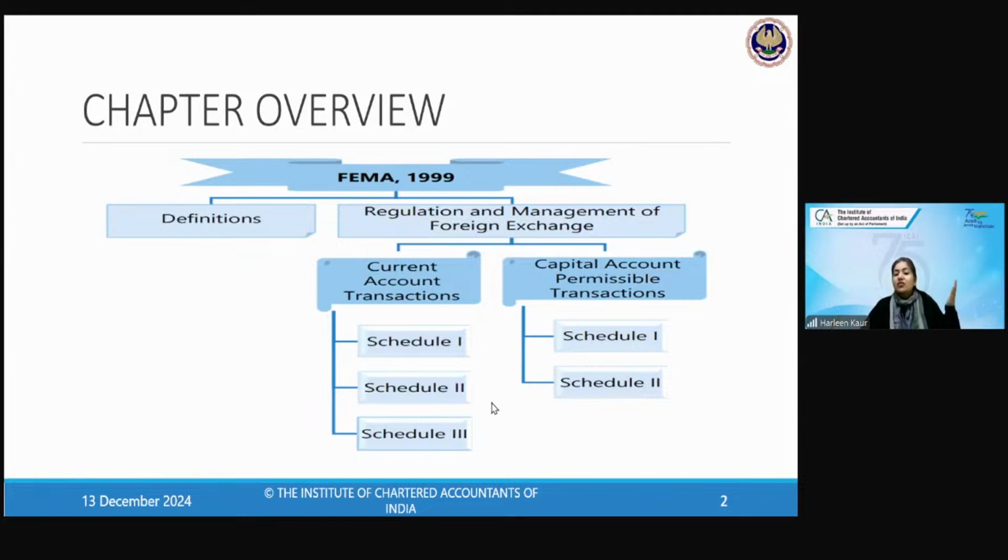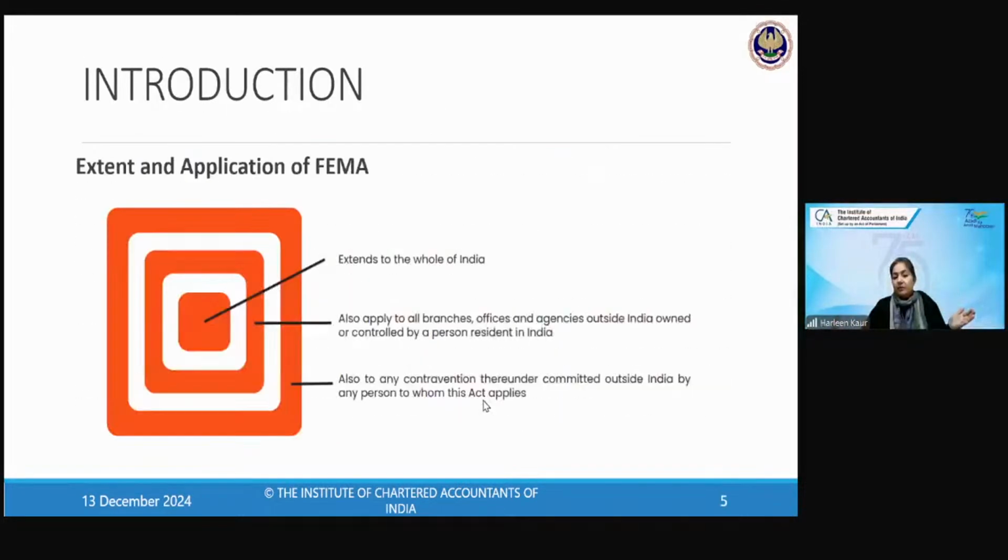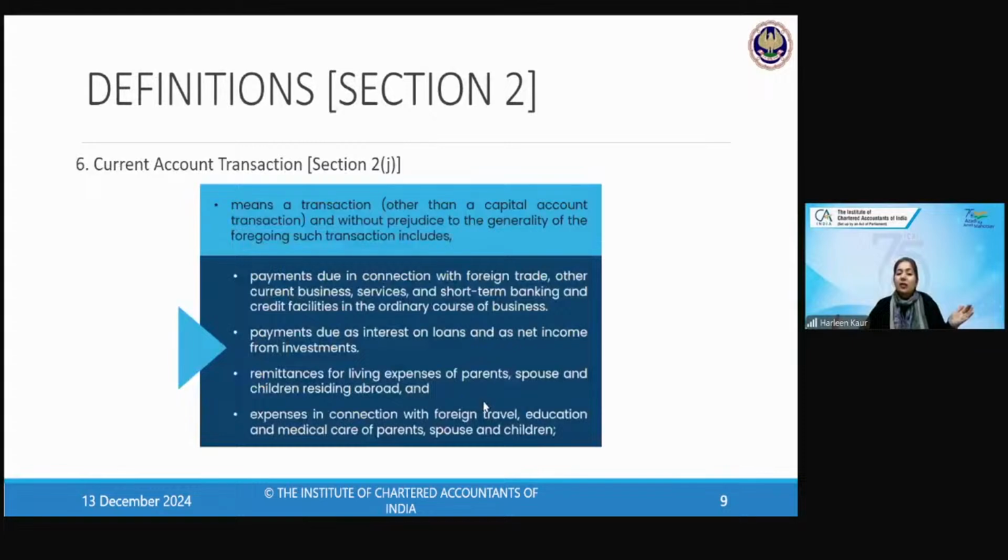To those transactions, schedules 1, 2, and 3 are applicable. These schedules will explain where the permission of the central government is required and where the permission of RBI is required. So in order to understand those permissions, it is important to understand the difference between the two types of transactions. Is that clear?